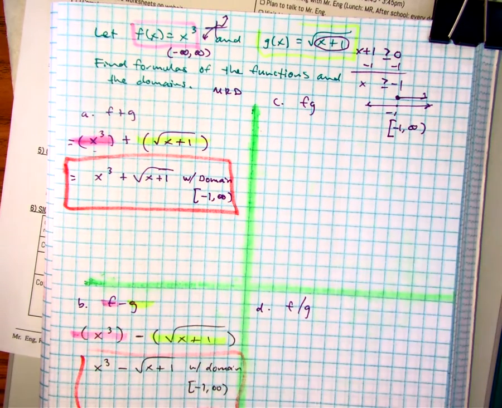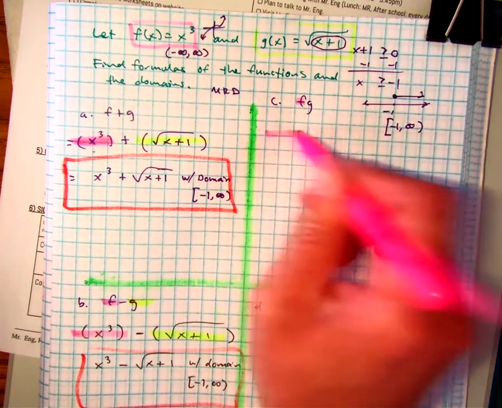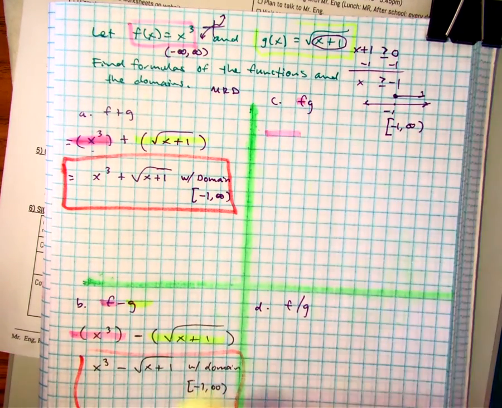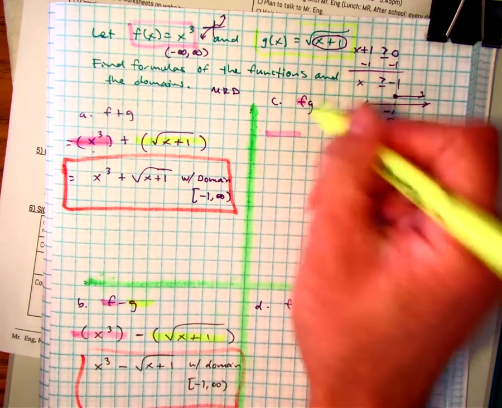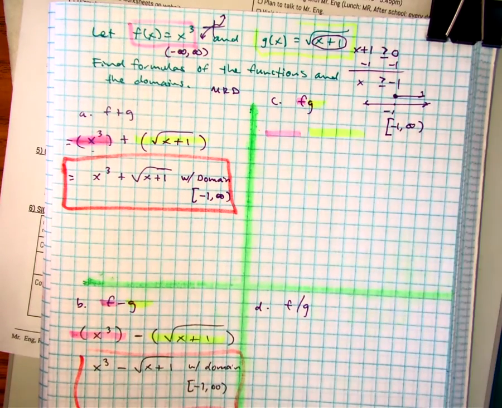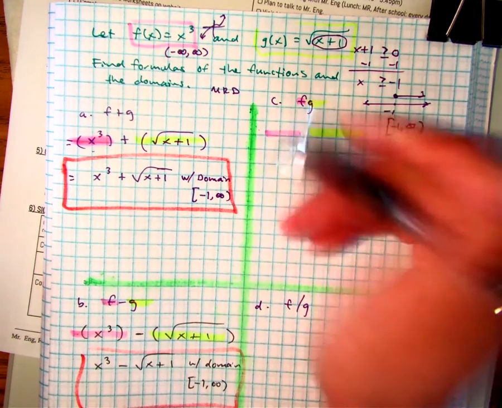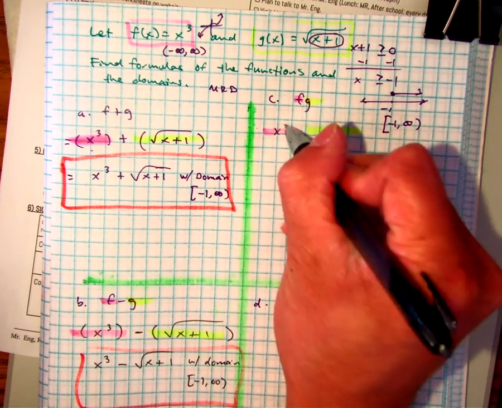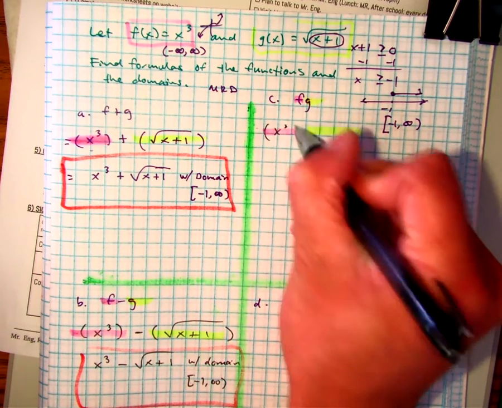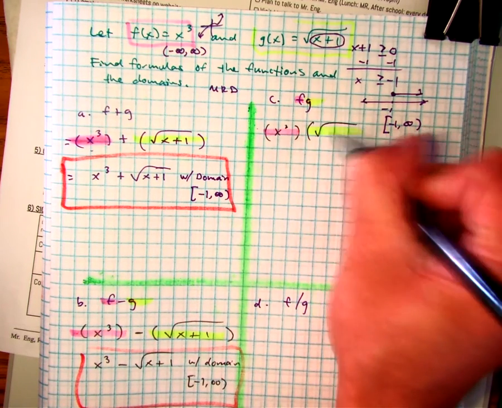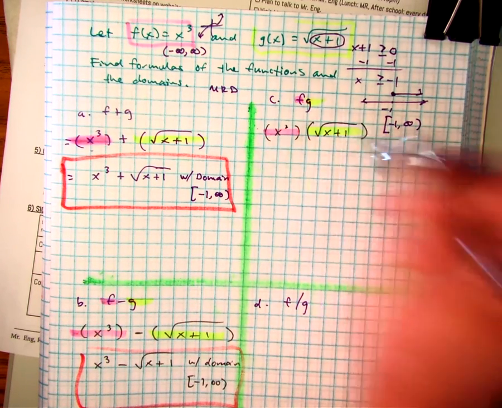Okay, what's our next math operation? Multiplication. We've got to multiply these now. f times g. Well, here's the great thing. It's just x cubed times square root of x plus 1.